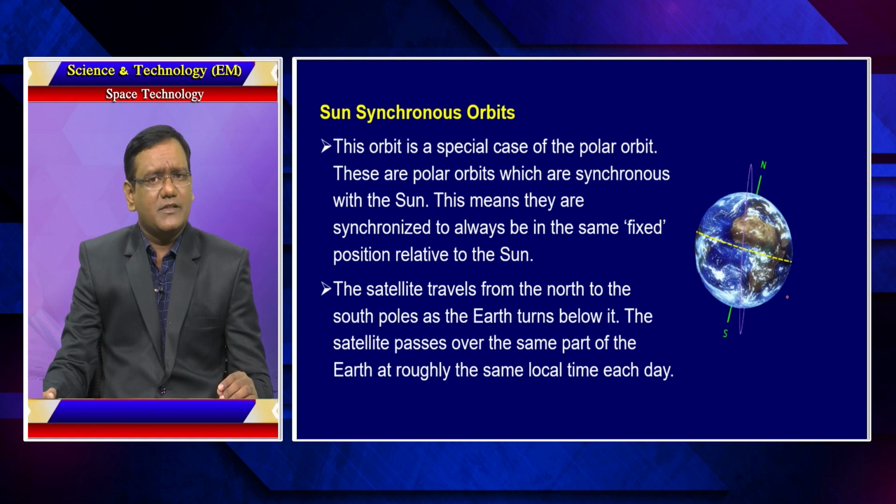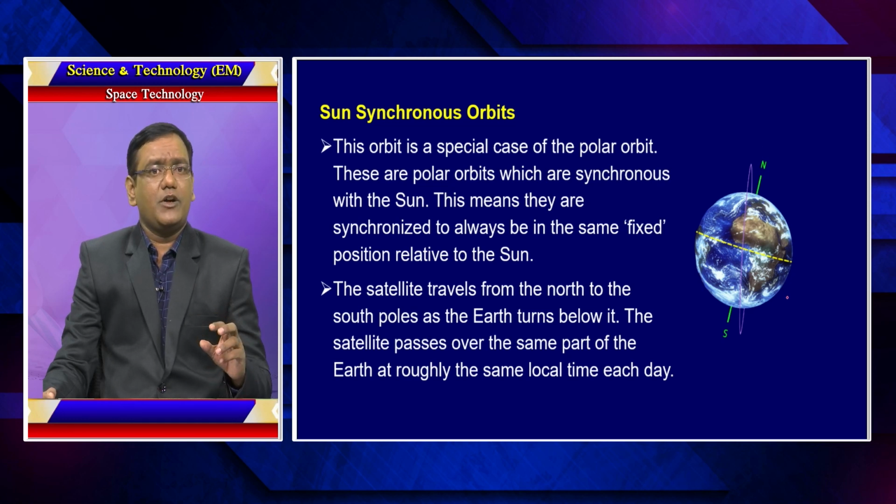It means if a polar satellite, especially a sun synchronous satellite, is revolving around the Earth, and that satellite comes over Hyderabad at 2:30 p.m., then every day at 2:30 p.m. it comes exactly above Hyderabad itself.